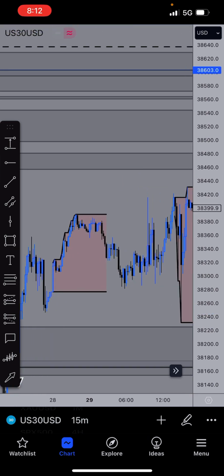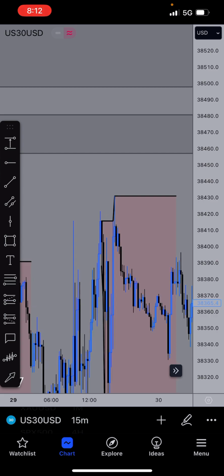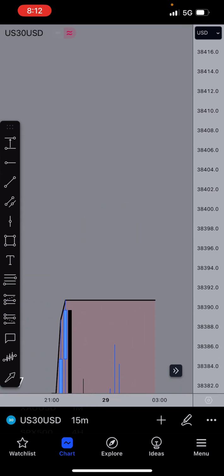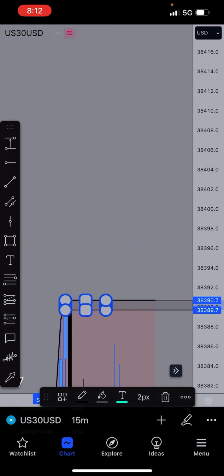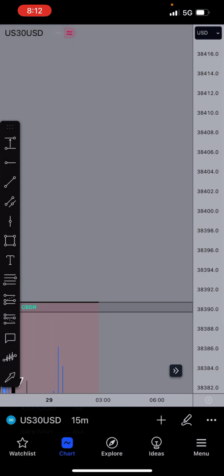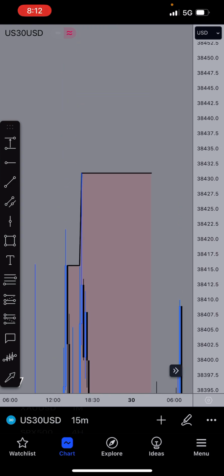Next range is here. There's no real wick there, so I'm not going to count that area. Wait, let me see. Actually, yep, there is. So let's get that. No matter how small, how big, if there's a wick, there's a zone, right? There's definitely a zone. Let's get this one.